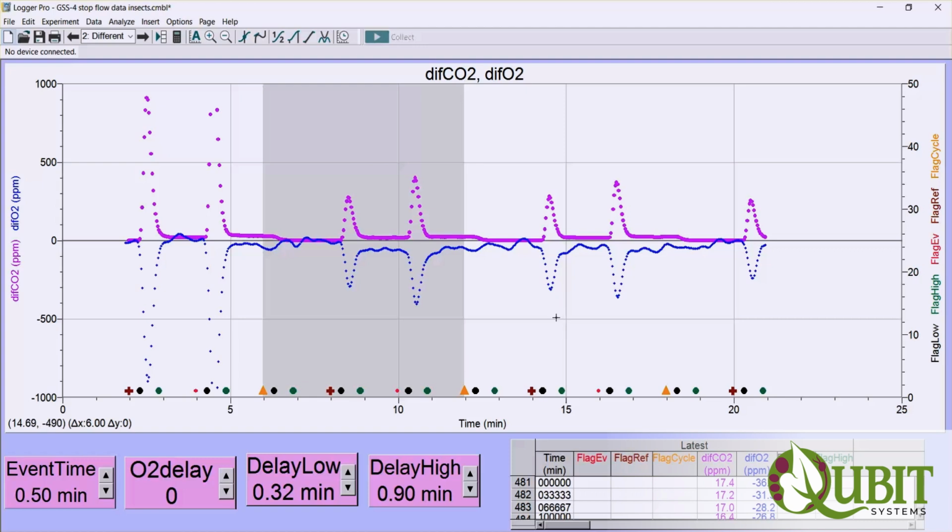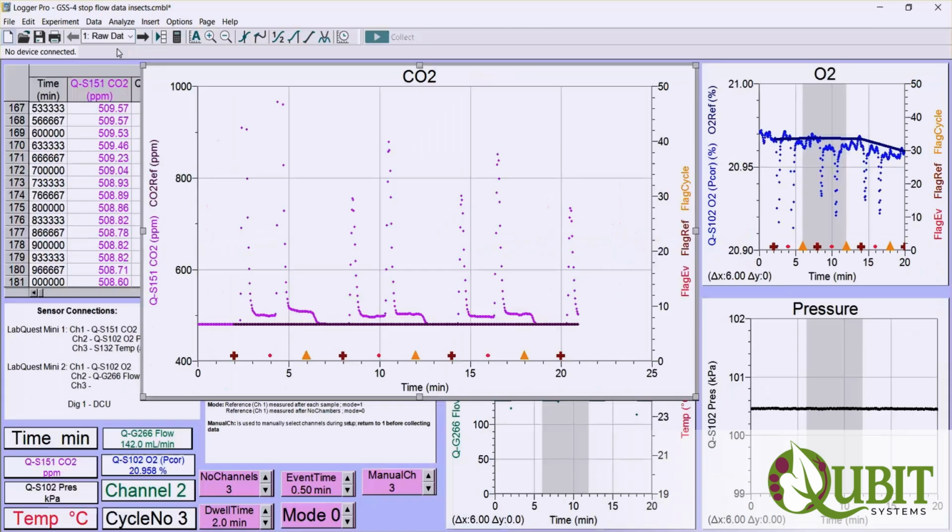The resolution of the CO2 analyzer is only 1 ppm, so you can measure very low levels of CO2. But all of that needs to be kept in mind when you are setting up all of these initial parameters for your experiment, to ensure that you collect data that's going to be valuable.